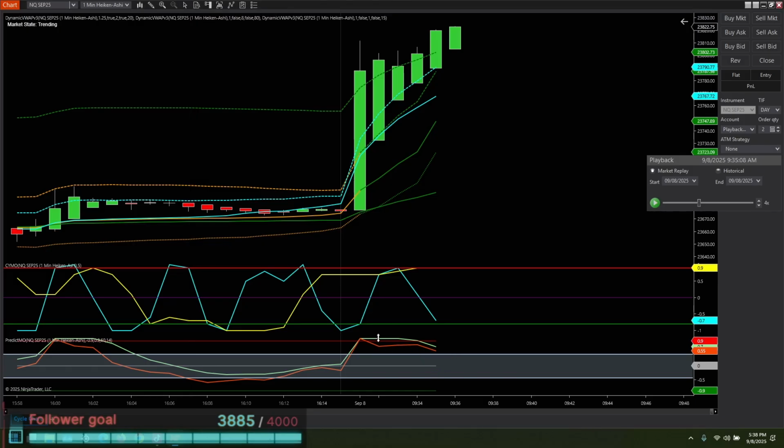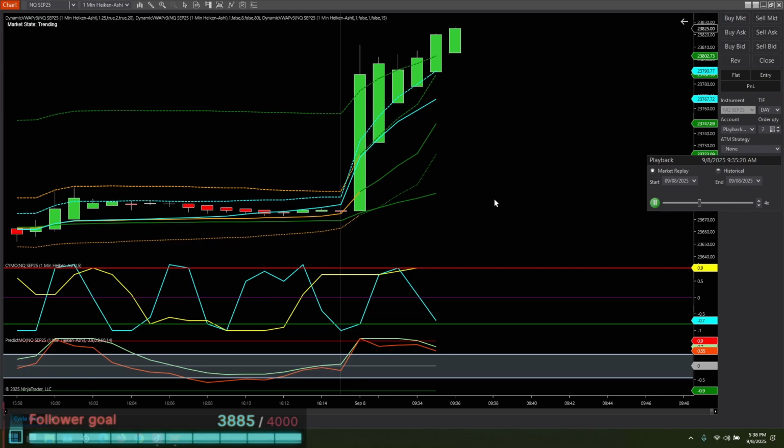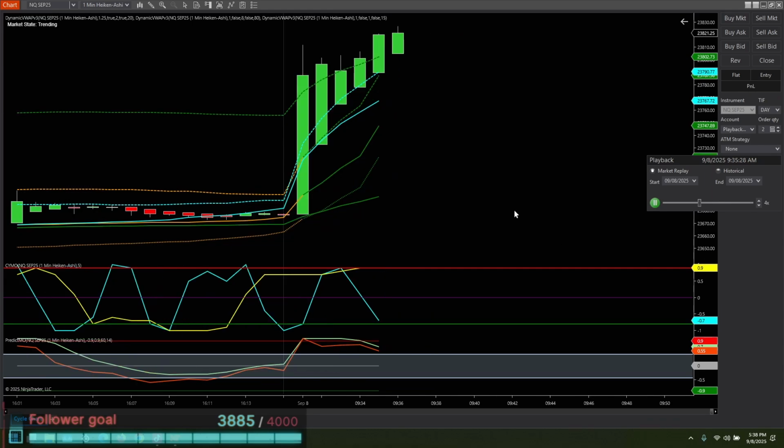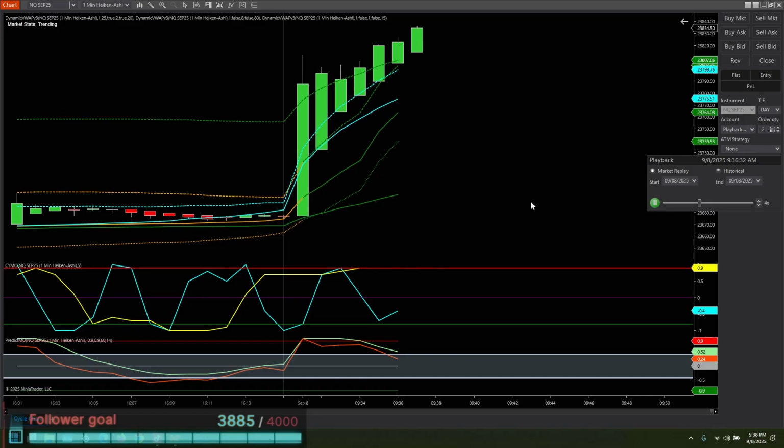But look at what's happening with price, okay? When you look at the green line, it's already coming off the exhaustion zone right there. That in itself is telling you that there might not be a lot left of this trade to the upside. So if I go ahead and play this right here, this will actually move faster because it's on the 1-minute time frame here. Okay, you're just about to hit the inflection point right here with price, okay?